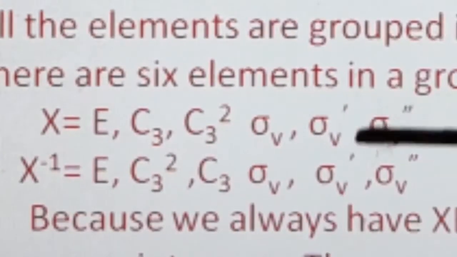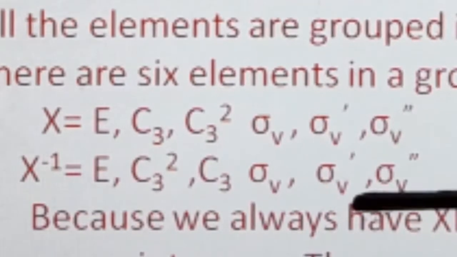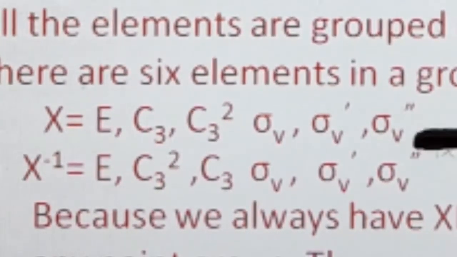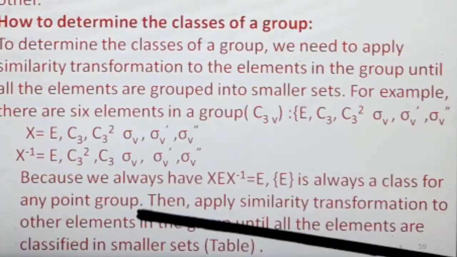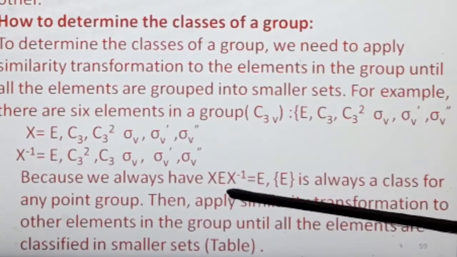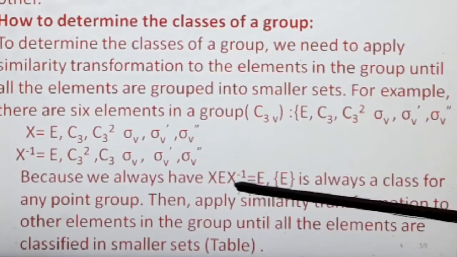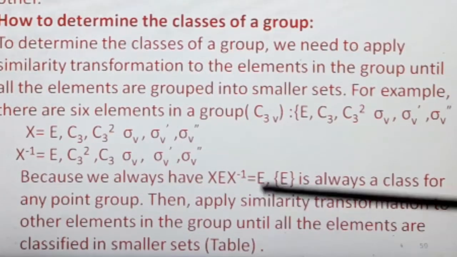The inverse of sigma v will be sigma v, the inverse of sigma v dash will be sigma v dash, and the inverse of sigma v double dash will be equal to sigma v double dash. Because we always have X inverse E X equal to E.